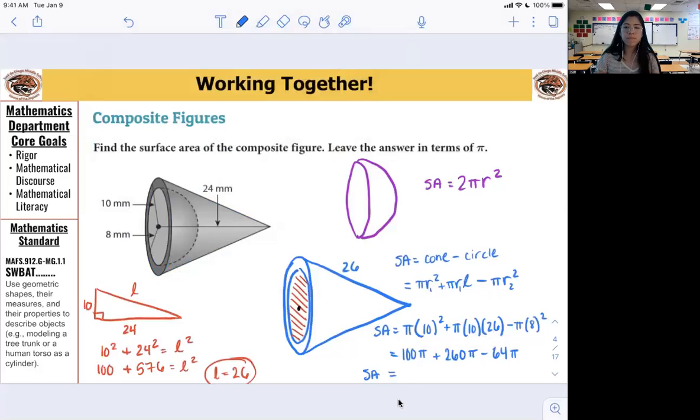No. 296. There you go. That's the cone minus the circle. Now the sphere. What's the radius that I'm using in this one? That one's 8, so this is R2. What do I get here?